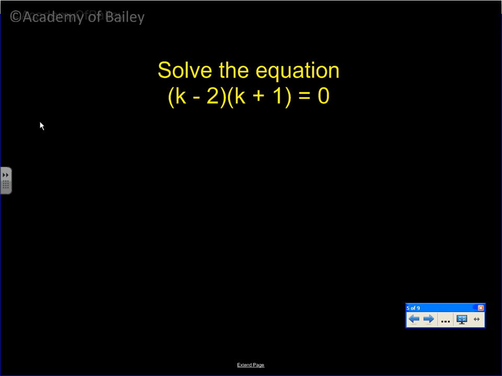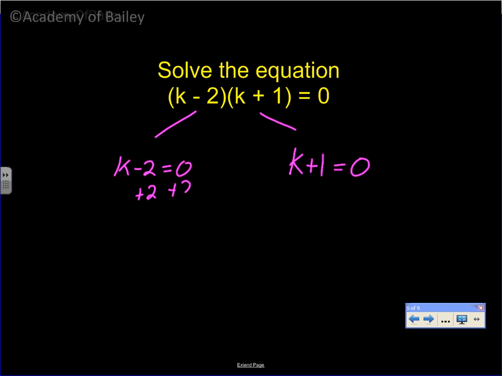All right, you should have k minus 2 equals 0 and k plus 1 equals 0. On the left side, add 2 to both sides, so k is equal to 2.